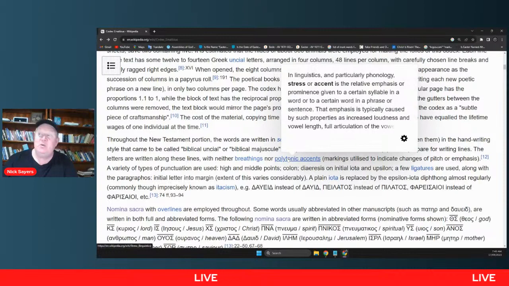So it says here, in linguistics, particularly phonology, stress or accent is the relative emphasis or prominence given to a certain syllable in a word or to a certain word in a phrase or sentence.